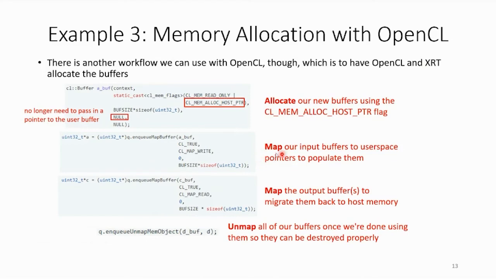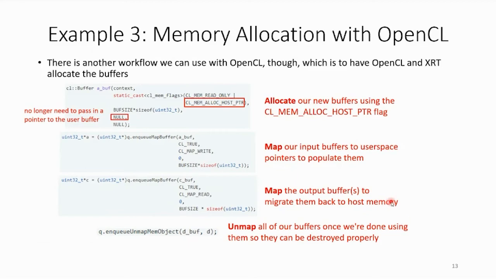So here we need to map our input buffer to this buffer, just A to this one. Then we can map our output buffer to migrate the result back to host memory.